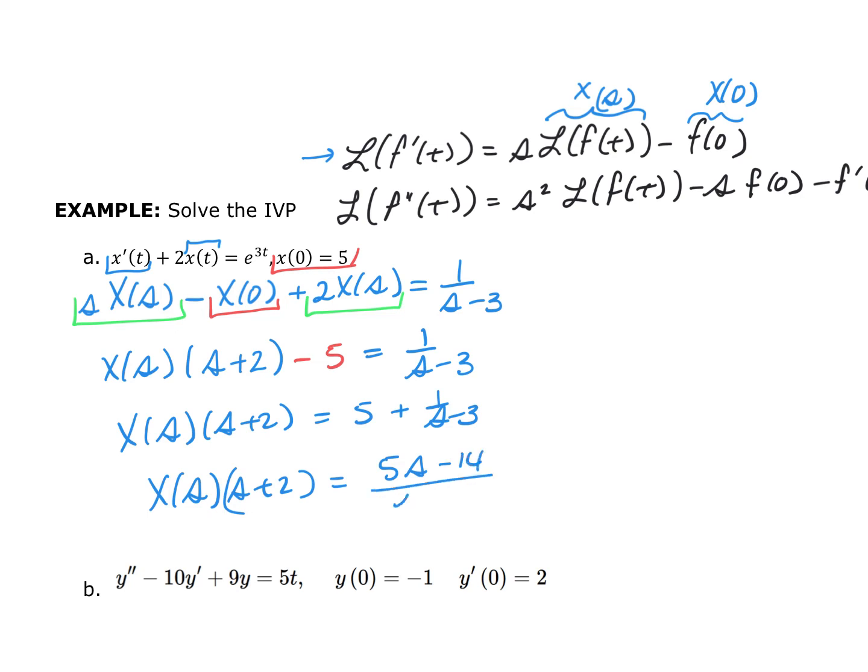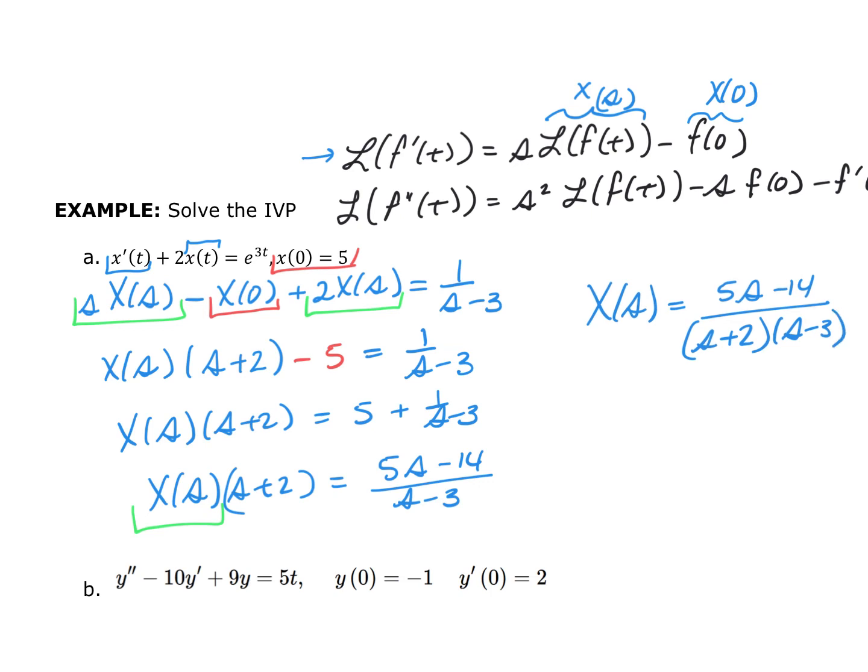And then I'm going to have s minus 3. Now, to solve for cap X, all I have to do is divide both sides by s plus 2. So cap X of s is equal to 5s minus 14 over s plus 2 multiplied by s minus 3.